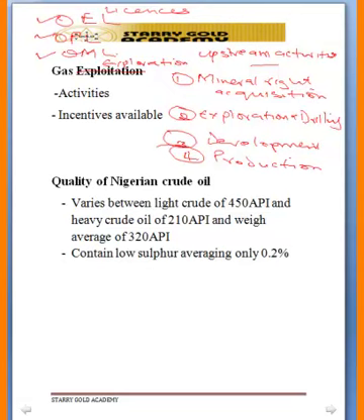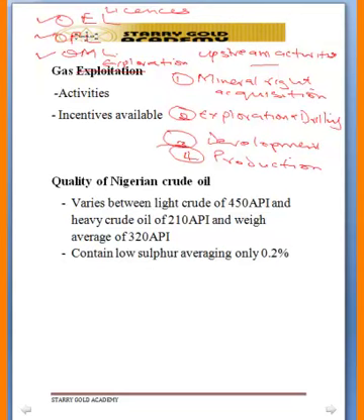Now, that is another sector. They are also beneficiaries of some incentives by the federal government. What are the incentives available to companies in the gas sector of that industry?